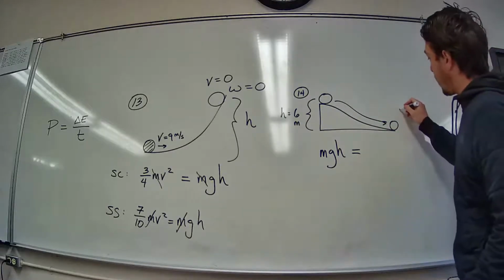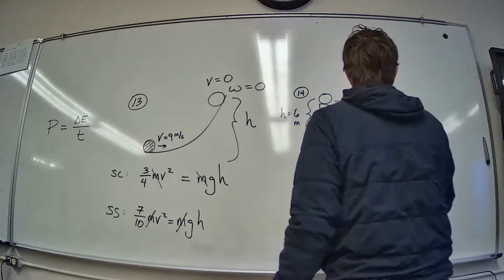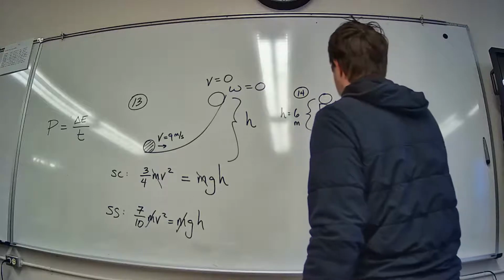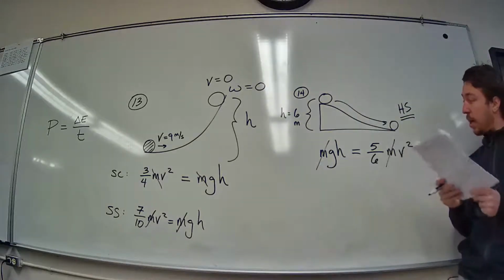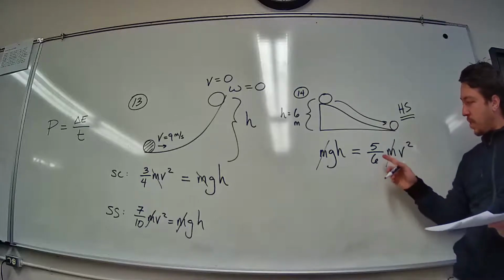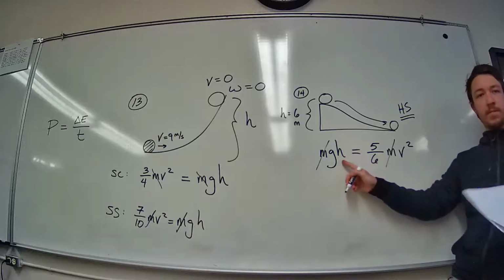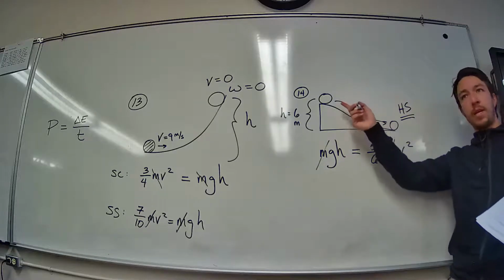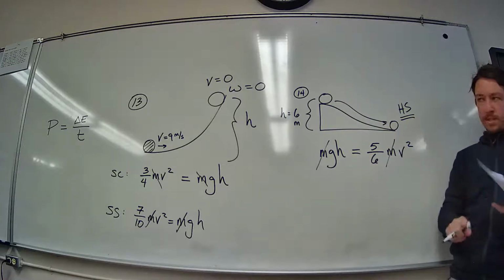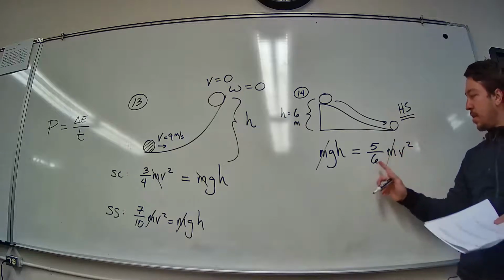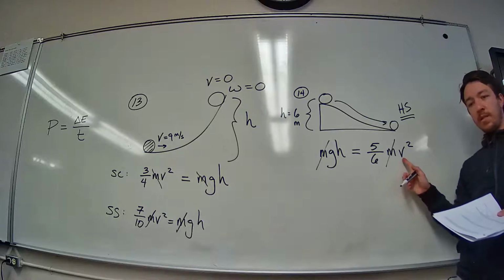Now for a hollow sphere, this is going to be 5/6 mv squared. The m's will cancel out again, but think about this: the bigger this number is, assuming the height is the same, the smaller the speed is going to be.